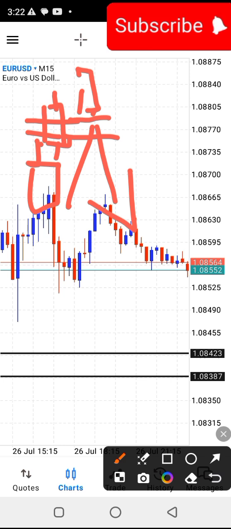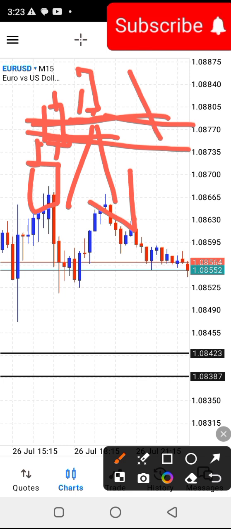By the time you check it, you notice that the fair value gap to the left is aligning, in the same line, with the fair value gap to the right. Then the fair value gap to the right ends up working because price pulls back into it and pushes in the upwards direction.